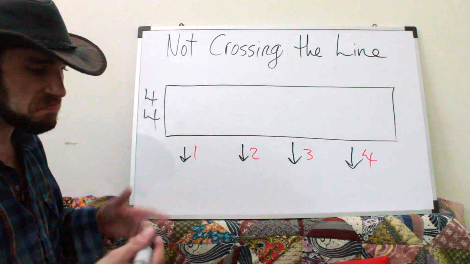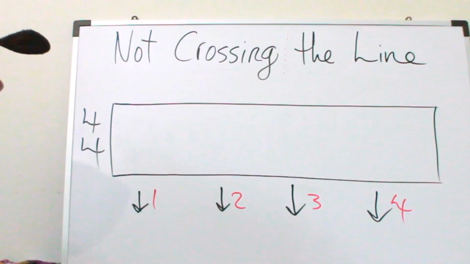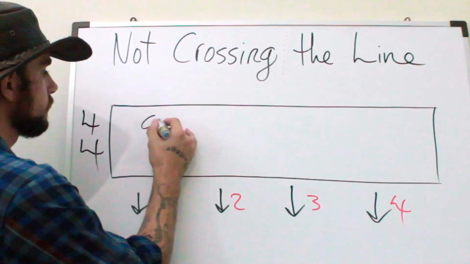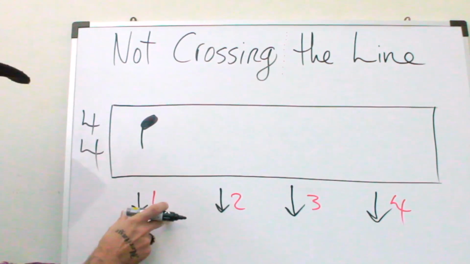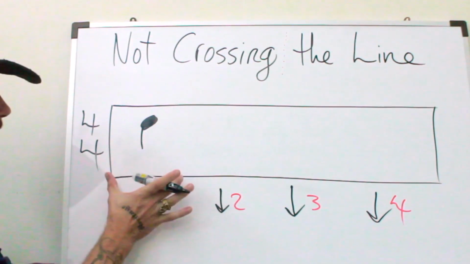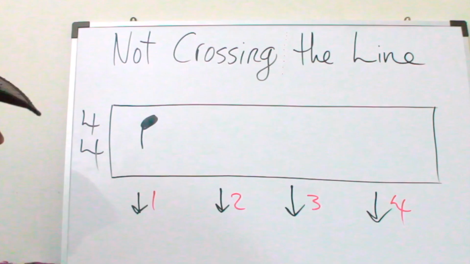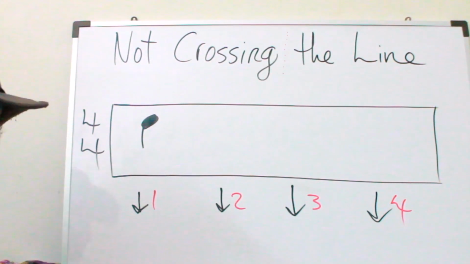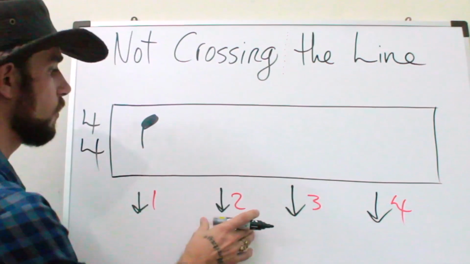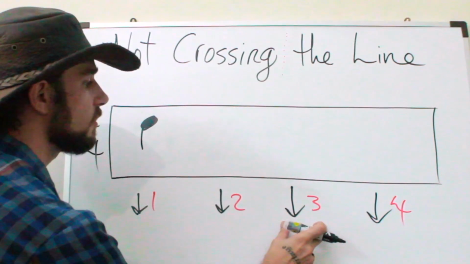Okay, so first thing, maybe we can start with a quarter note. So we know the quarter note is going to take up this box here. But now what if we wanted to put 4 eighth notes? So we would have 2 eighth notes here and 2 eighth notes here.